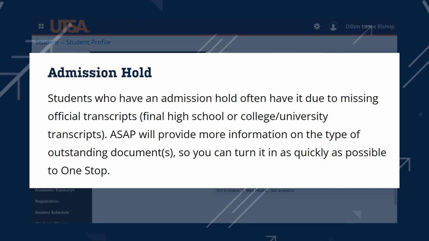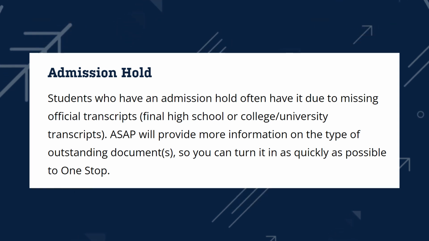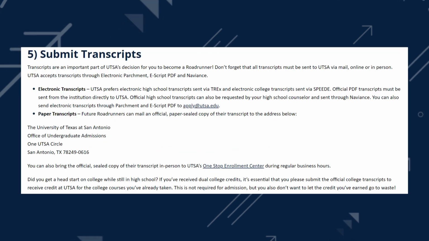One of the most common registration holds is generated for a student's final transcripts. If you see this hold on your account, you need to submit your transcripts to UTSA in order to lift the hold. Transcripts can either be mailed from your school to UTSA or electronically sent from your school to apply@utsa.edu.